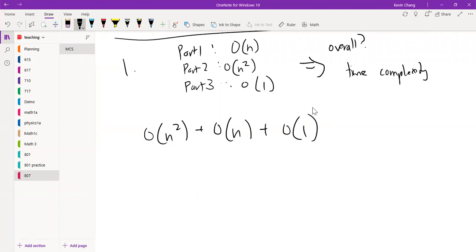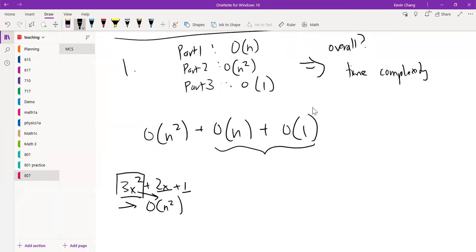But remember, for example, the quadratic expression 3x squared plus 2x plus 1 should just be classified as O of n squared, even though it has a linear term and a constant term, because the biggest term in the expression is the 3x squared, and that is of quadratic speed. So if we're just adding a quadratic term, a linear term, and a constant term, it doesn't matter what these two are. These don't matter because they're slower than O of n squared. So this just ends up being simplified to O of n squared.